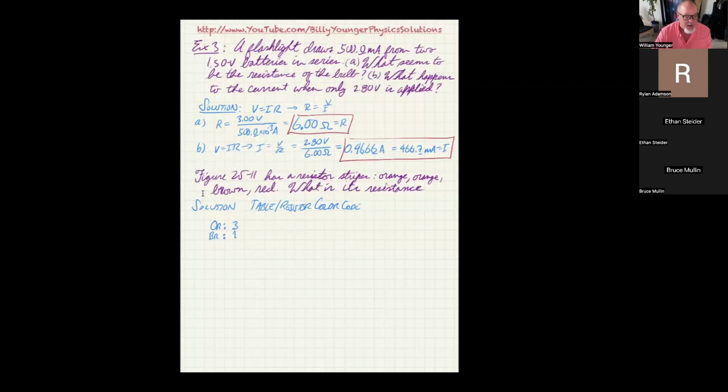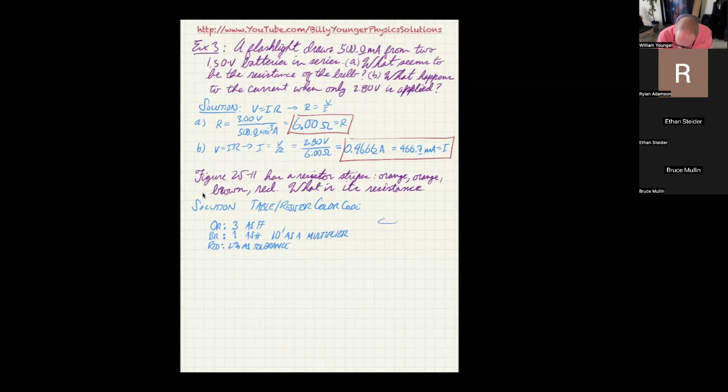That red must be a tolerance. When I look at red as a tolerance, red is 2%. The other thing is brown as a multiplier is 10 to the 1.